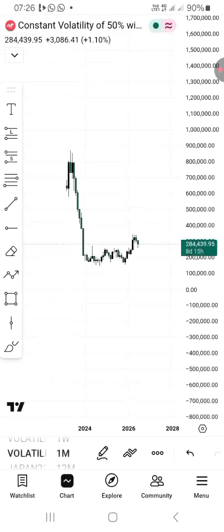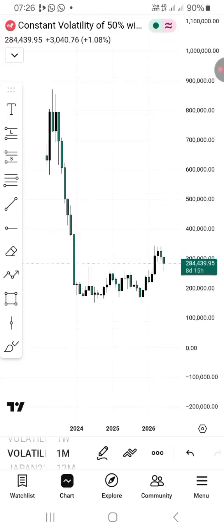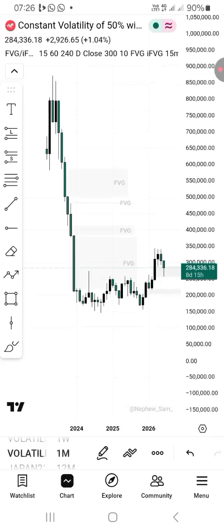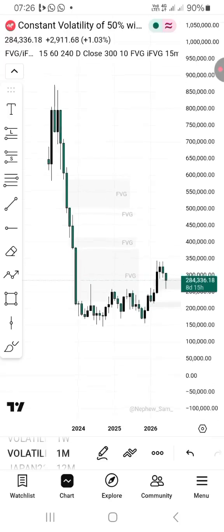We left a lot of imbalances in the market. If I use this Fibonacci and this fair value gap tool, we left a lot of fair value gaps, a lot of imbalances in the market. Imbalances are fair value gaps.